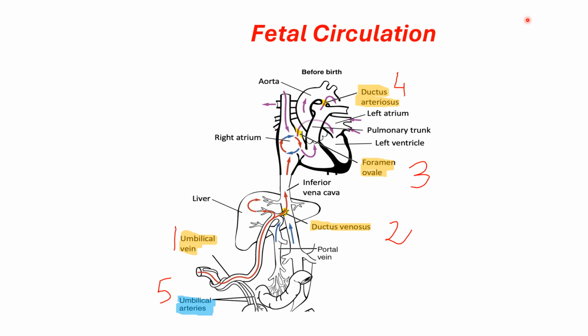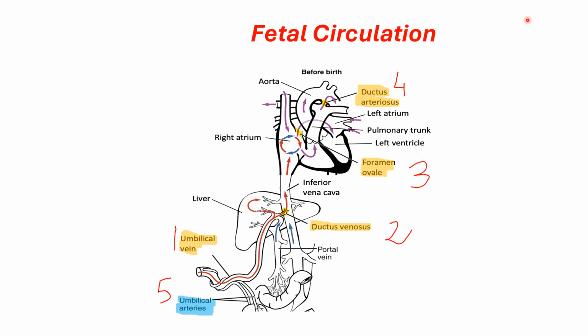The inferior vena cava delivers the mixed but relatively oxygen-rich blood to the right atrium, and the blood from the right atrium is directed by the Eustachian valve through the foramen ovale into the left atrium.